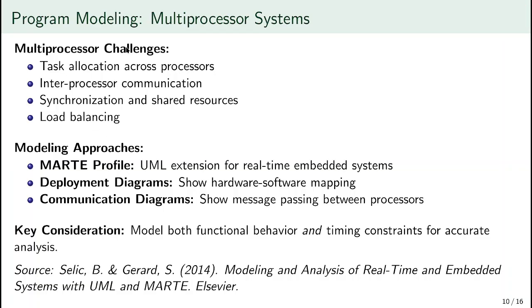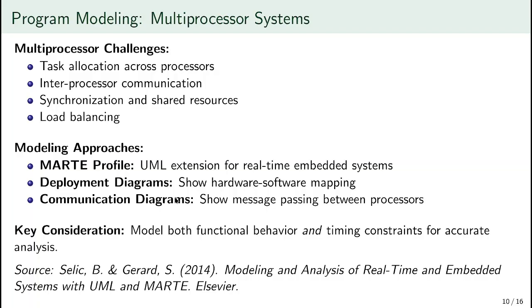So here is program modeling for multiprocessor systems. In multiprocessor systems, the major challenges are task allocation across processors, inter-processor communication, synchronization and shared resources, and load balancing. Modeling approaches: MARTE profile, deployment diagrams, communication diagrams.